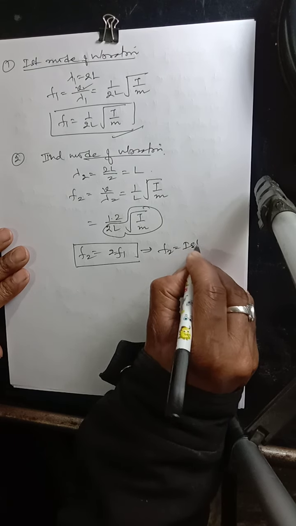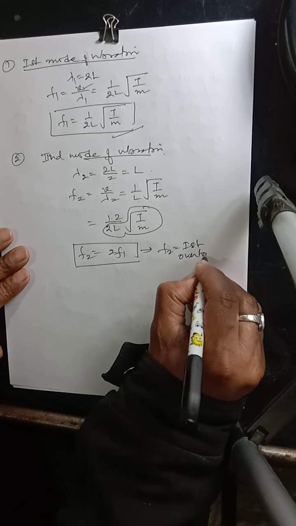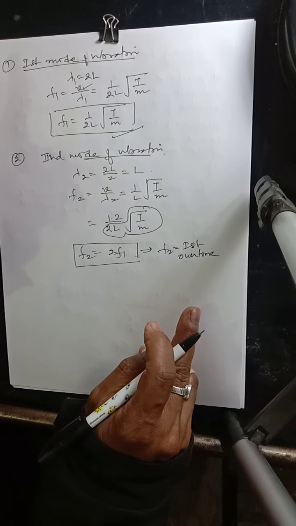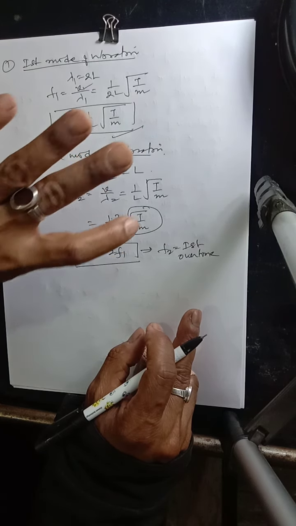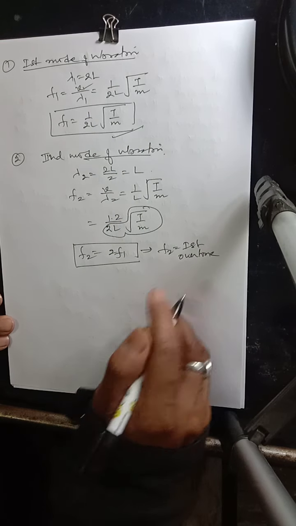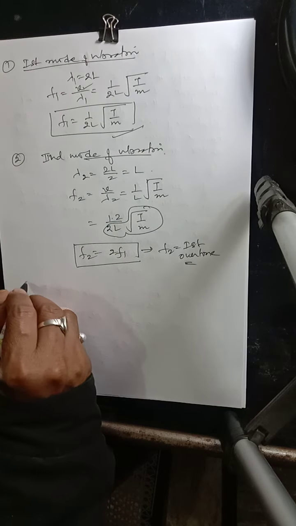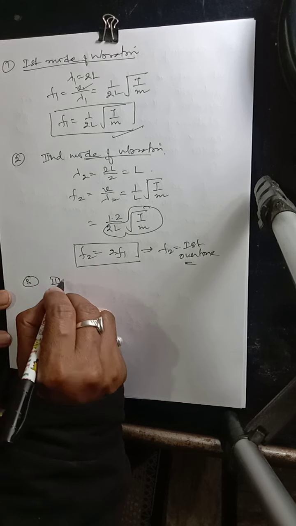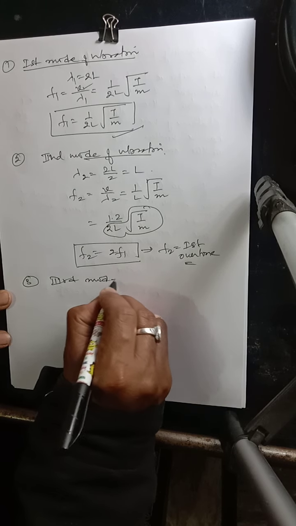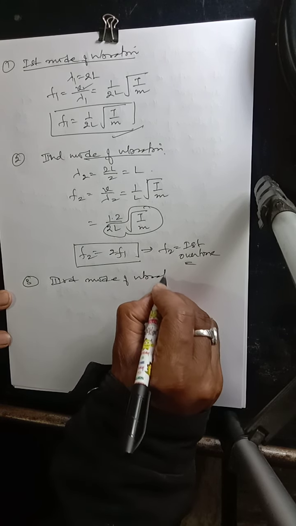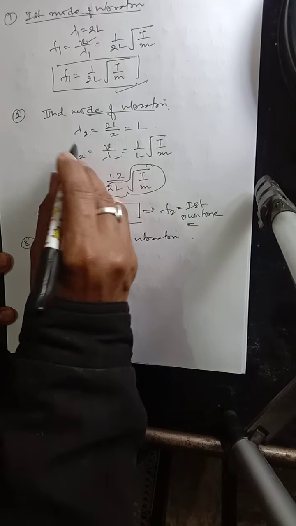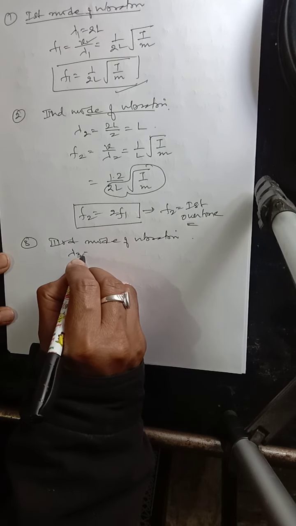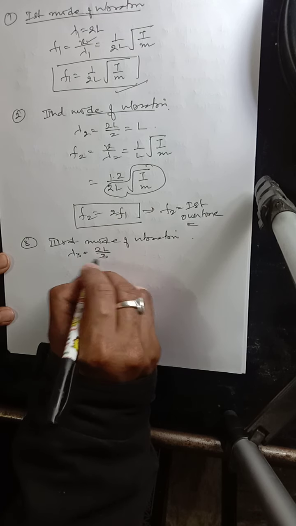This is known as the first overtone in that pipe for the standing waves where both ends of the pipe are open. The third mode of vibration: lambda 3 is equal to 2L by 3.